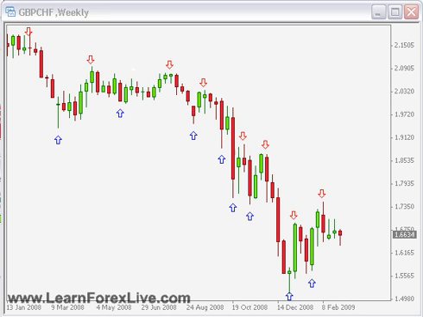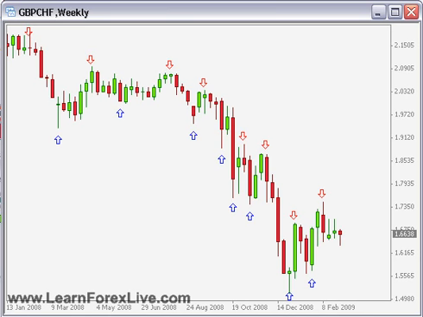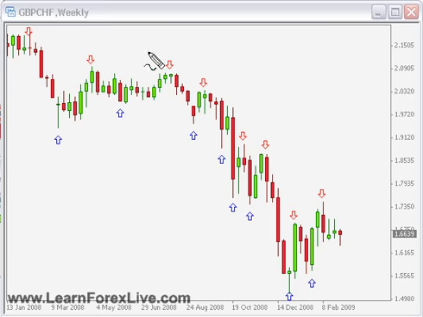There are two ways of determining the breakout of that congestion area, and therefore to begin searching for the waving pattern, the lower swing highs, lower swing lows pattern. Okay, one of them is the conservative way, the other one is the aggressive way, and I'm going to explain both of them to you.